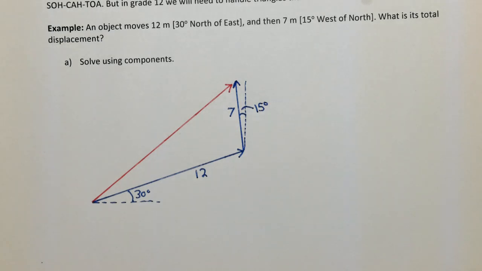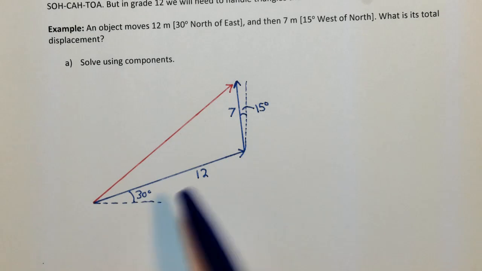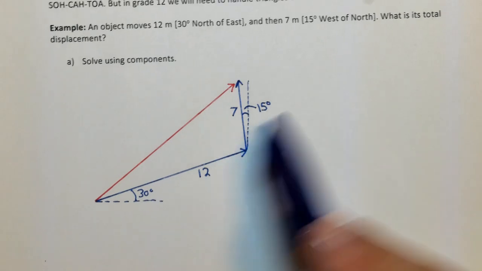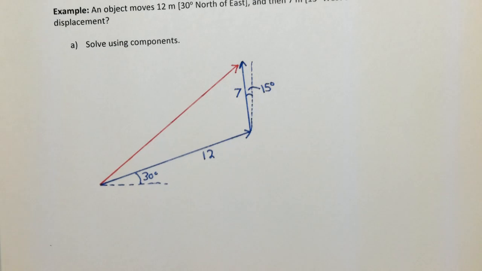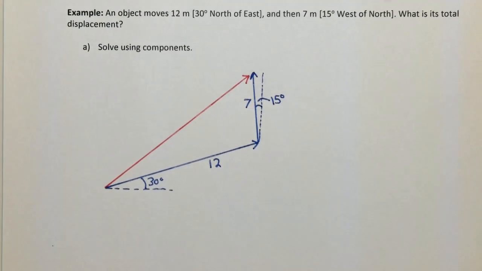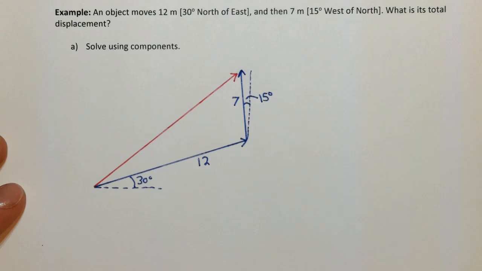So what we're going to do is start by taking all of the vectors that are being added together, and split them into components. And the idea with components is this. You can replace any vector with two vectors that add to make it.